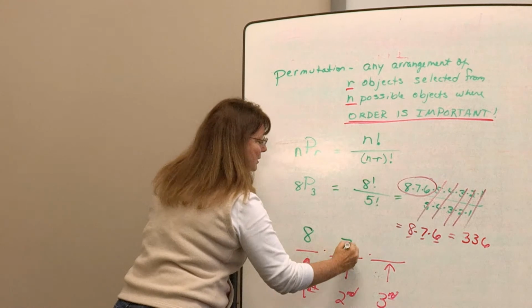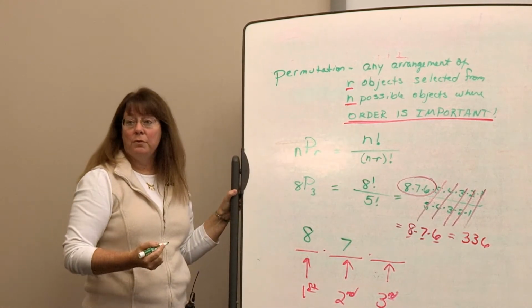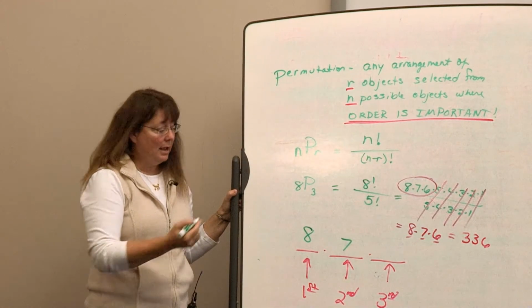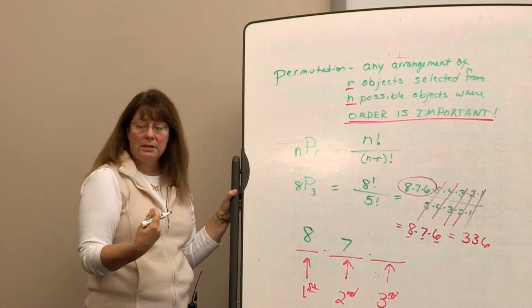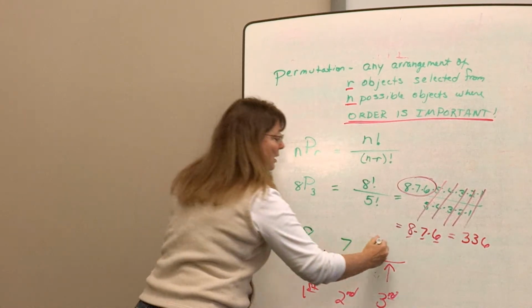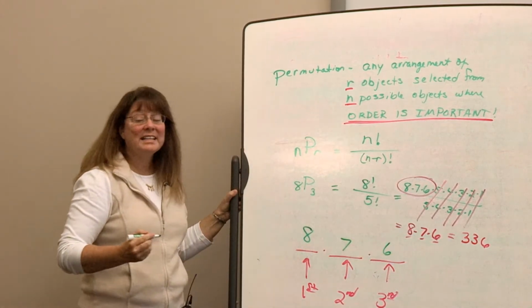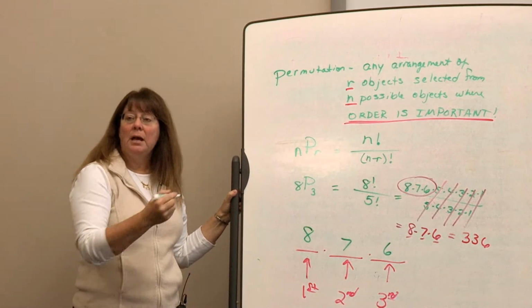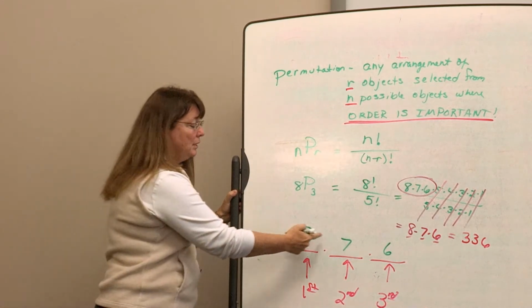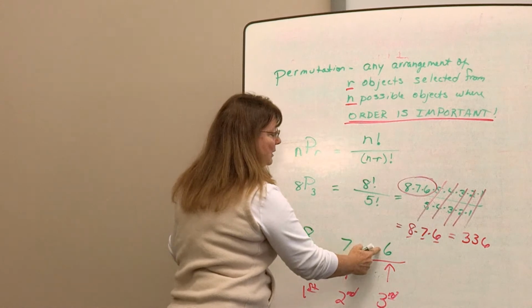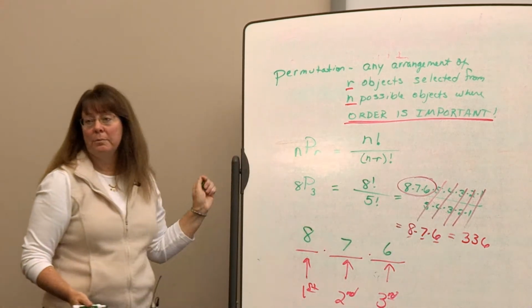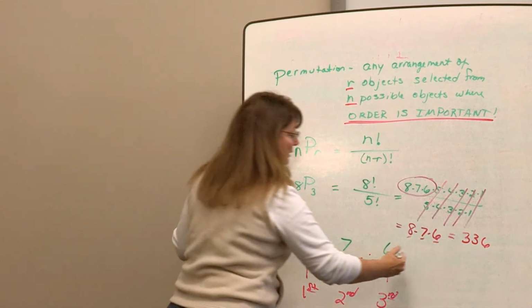And for third place, after first and second place are taken, you've got only 6 students left that might come in third place. So you can use the idea of the blanks, 8 times 7 times 6. It'll give you the same thing as the formula, and our answer turns out to be exactly alike.